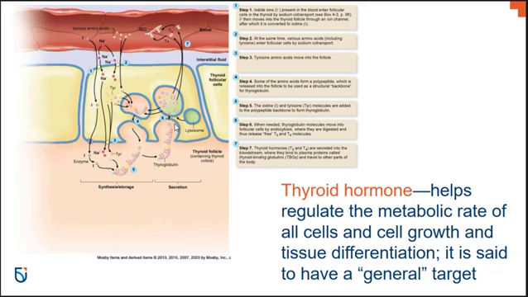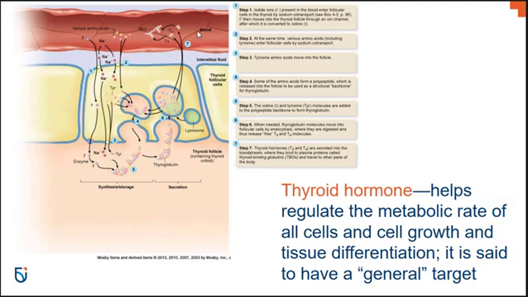T3 and T4 are considered lipophilic, which means that they need to have a transporter protein attached to them in order to get to their specific targets around the body, because remember, our blood or our plasma is primarily water, and so they need a carrier because we know that both fat and water do not mix very well. Once they're secreted out of the thyroid follicular cells and into the bloodstream, they will bind to the plasma proteins, or those carrier proteins.